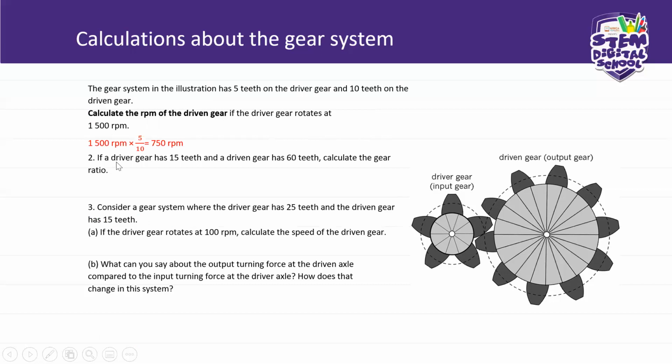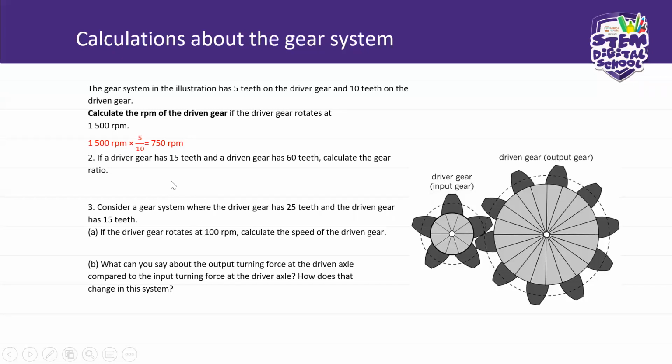So it's 1,500 revs per minute times the number of teeth on the input gear divided by the number of teeth on the output gear. And that equals what? 750 revolutions per minute.